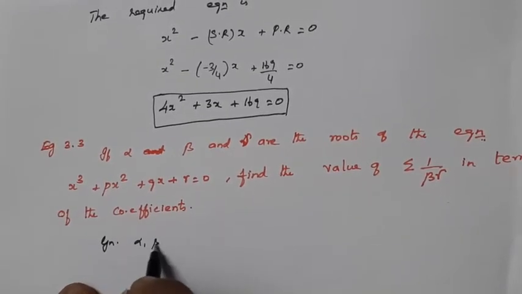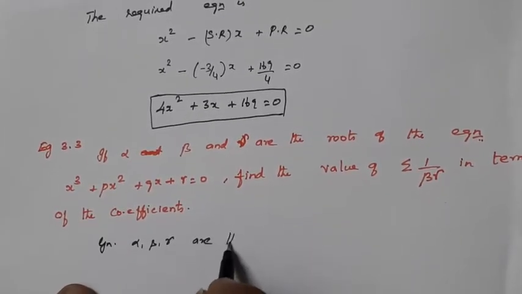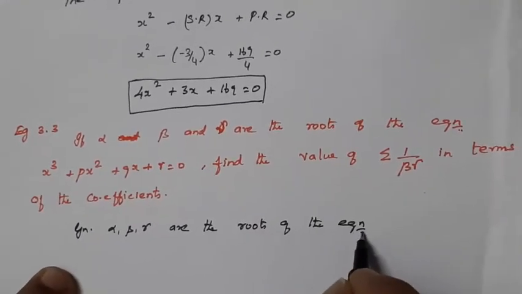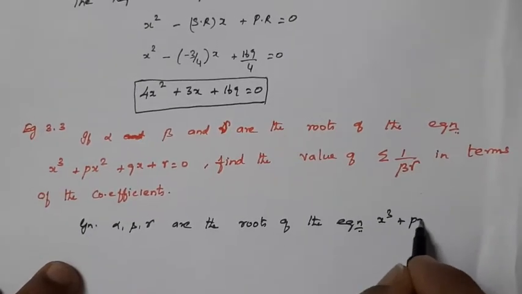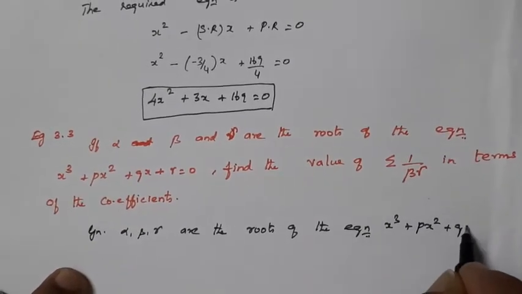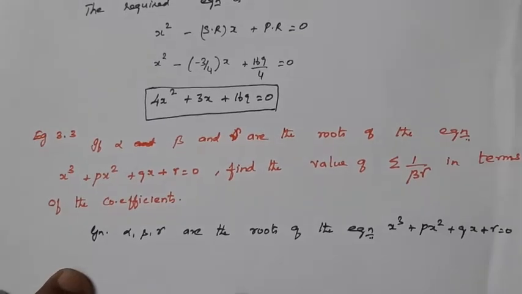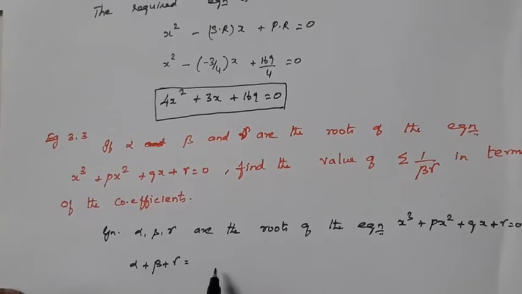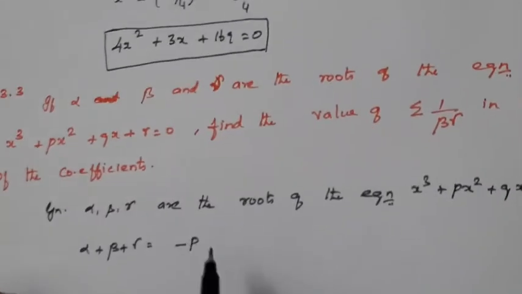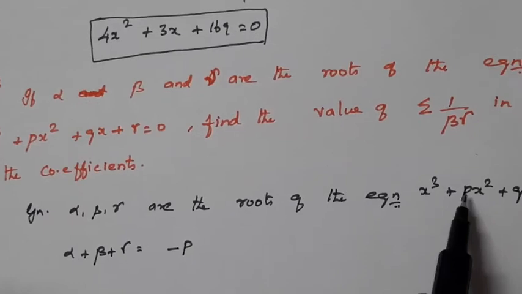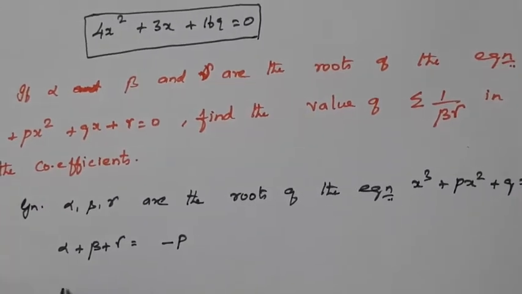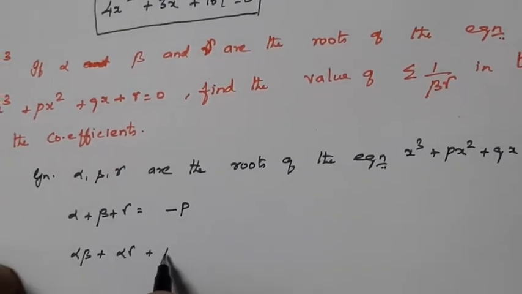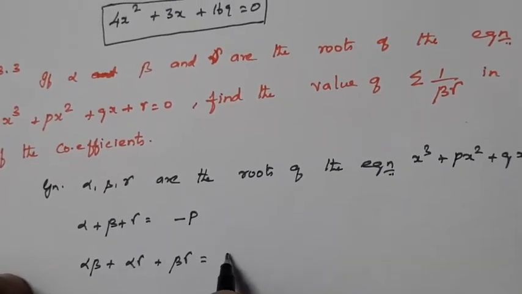Now, given alpha, beta and gamma are the roots of the equation x cube plus px squared plus qx plus r is equal to 0, we have alpha plus beta plus gamma equal to minus p divided by 1, that is minus p, and then alpha beta plus alpha gamma plus beta gamma is equal to q.